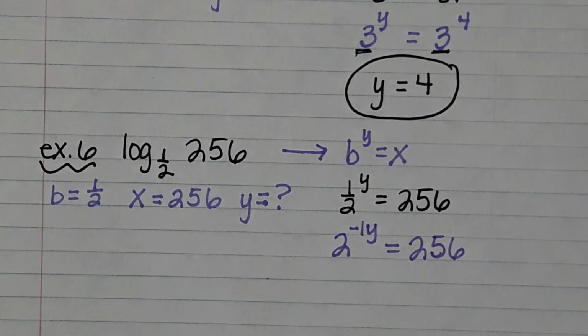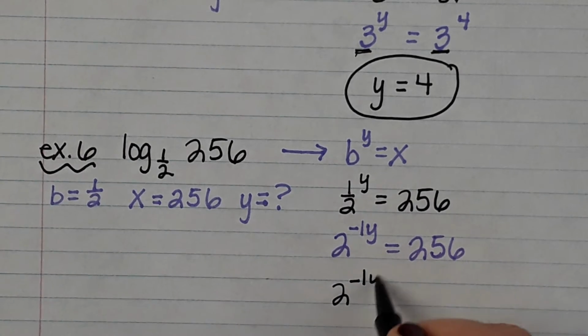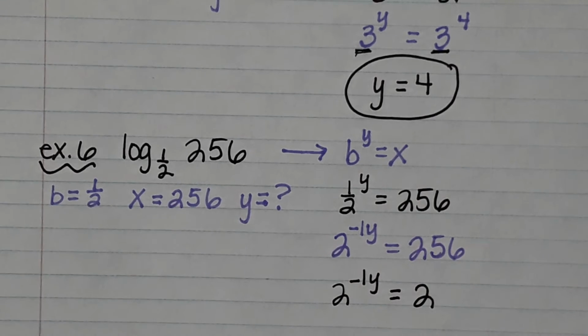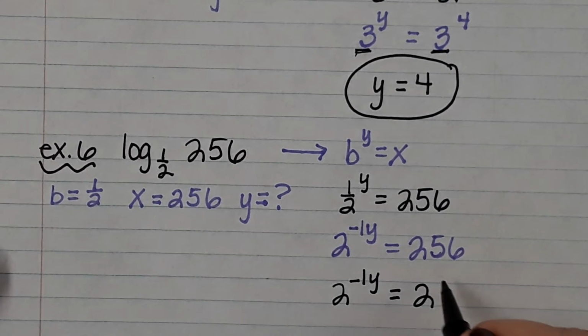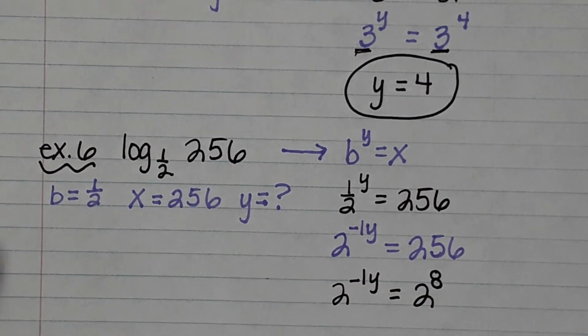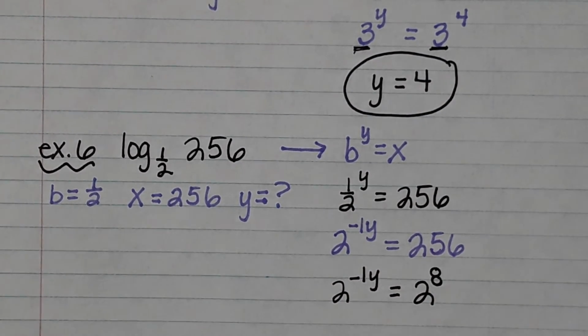You guys, any even number can be rewritten as a base of 2. So we're going to leave 2 to the negative 1y. How many 2's does it take to get to 256? It takes 8. So remember, when we evaluate, we're going back to what we did in 7.2.